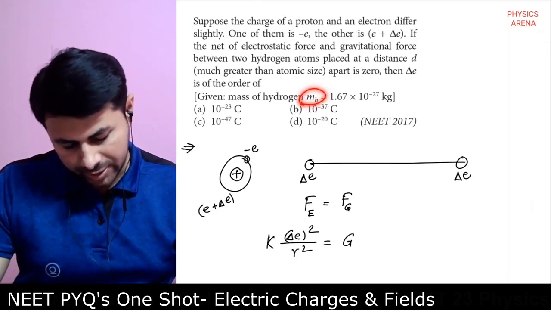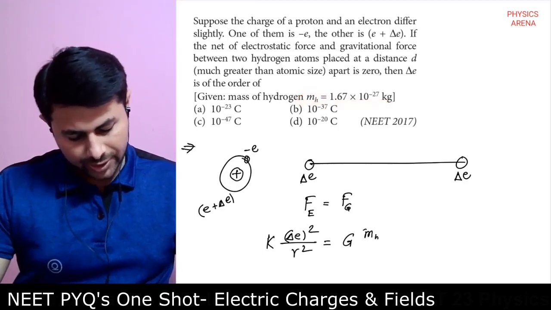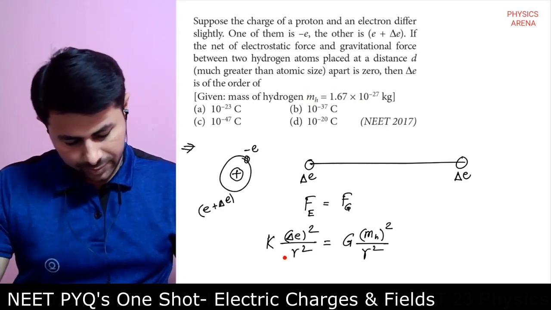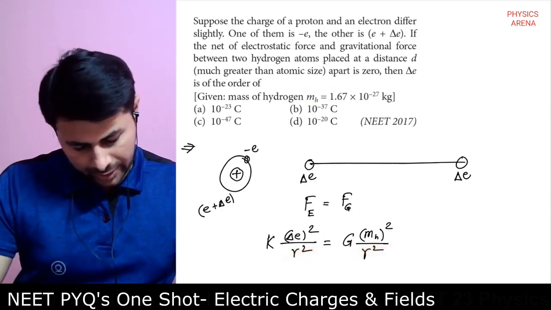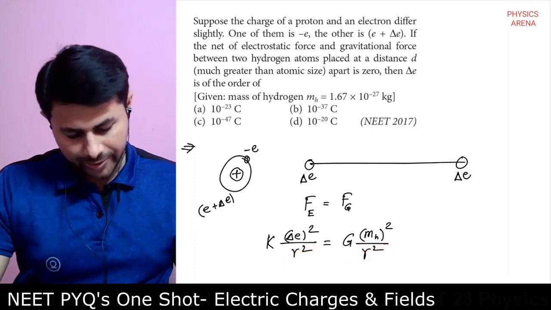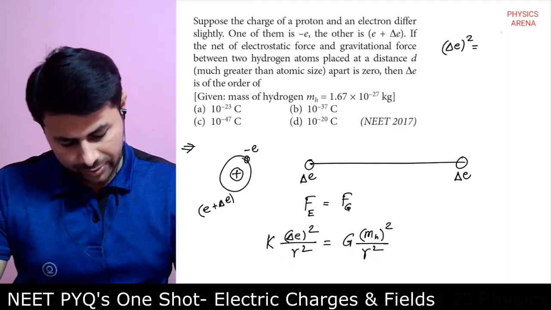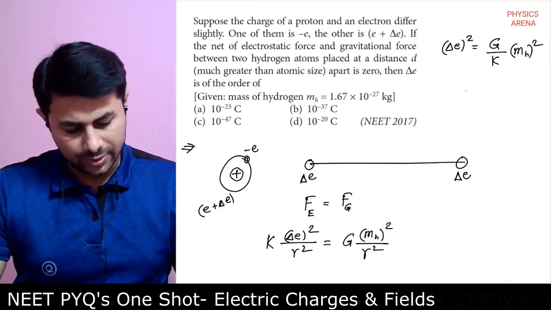It's given that the mass of hydrogen is this much, so m_H square upon r square. So r square and r square get cancelled out, and we want to find out delta e. So delta e square is equal to G divided by K multiplied by mass of hydrogen square.